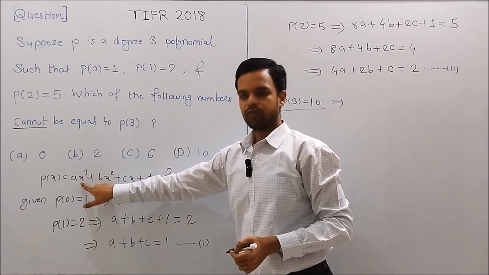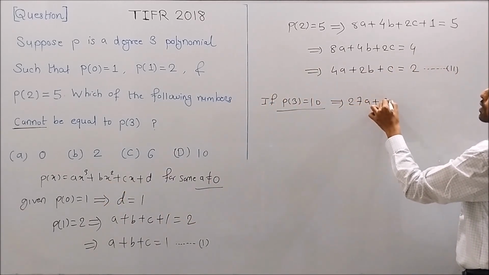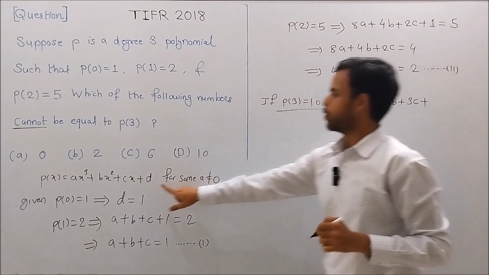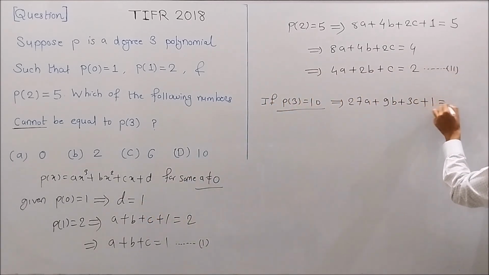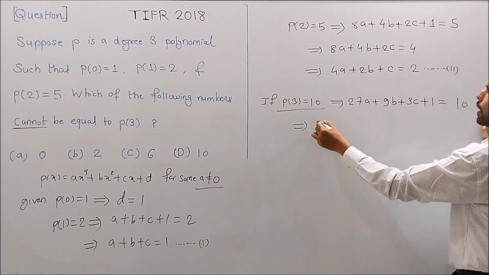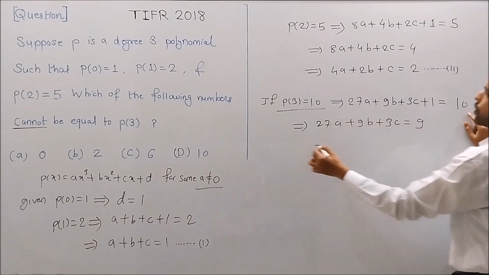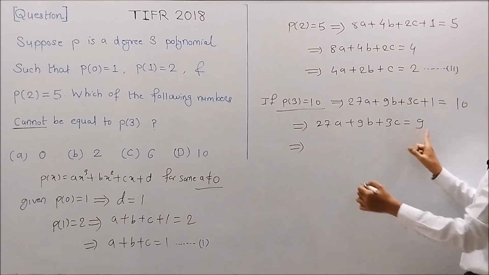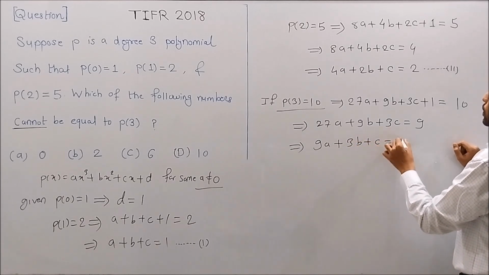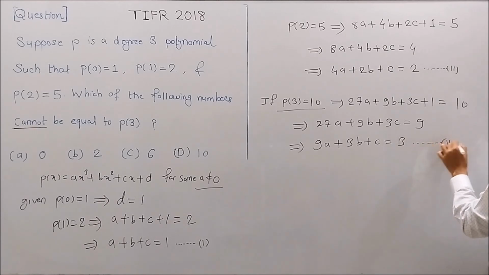We get a times 3 cubed, b times 3 squared, that is 27a plus 9b plus 3c plus the value of d, which is 1, equals 10. On simplifying we get 27a plus 9b plus 3c equals 9. On division by 3 we get 9a plus 3b plus c equals 3. Call this equation 3.